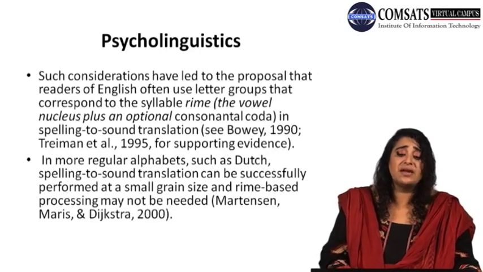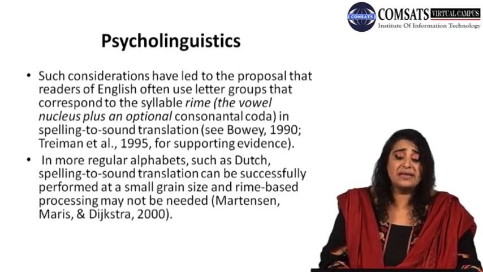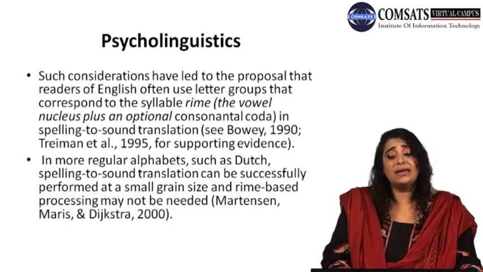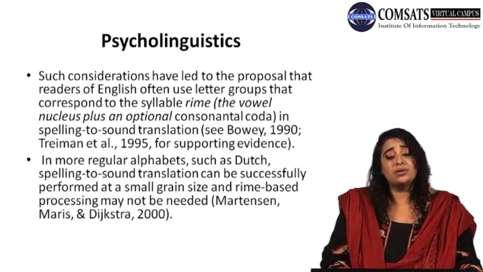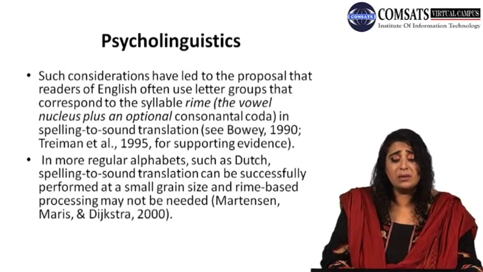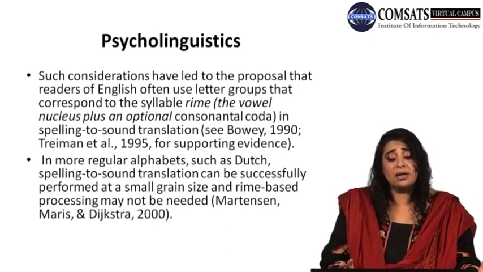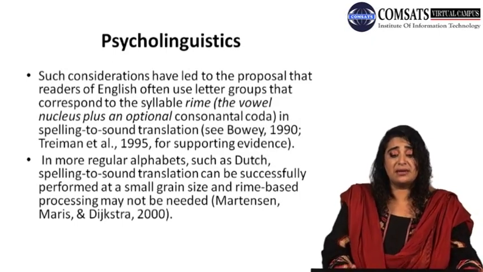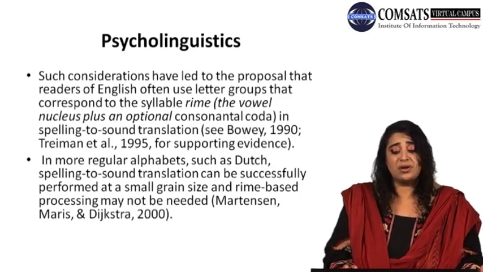Such considerations have led to the proposal that readers of English often use letter groups that correspond to the syllable rhyme, the vowel nucleus plus an optional consonantal coda, in spelling to sound translation.